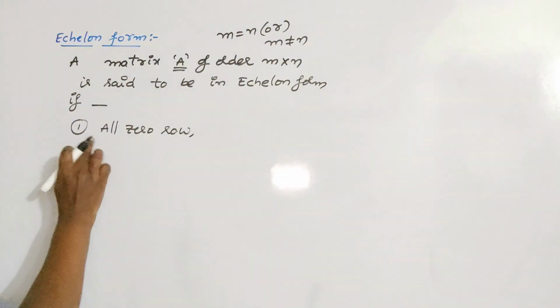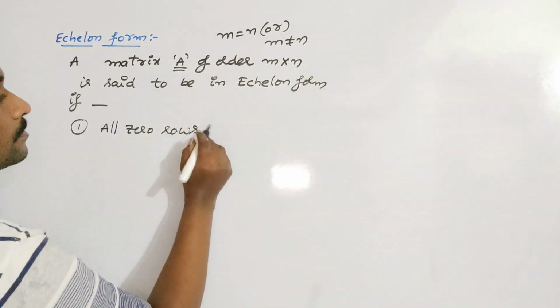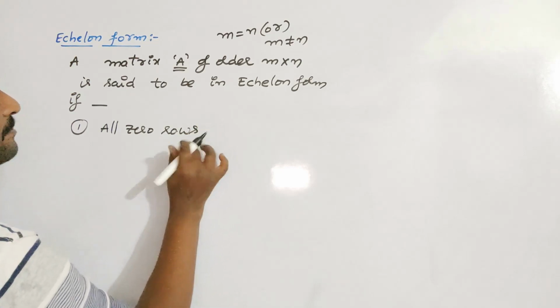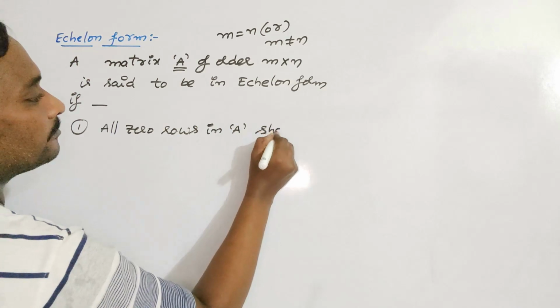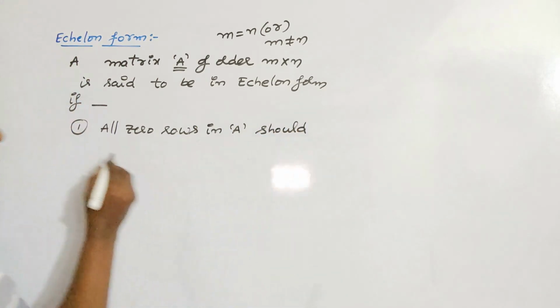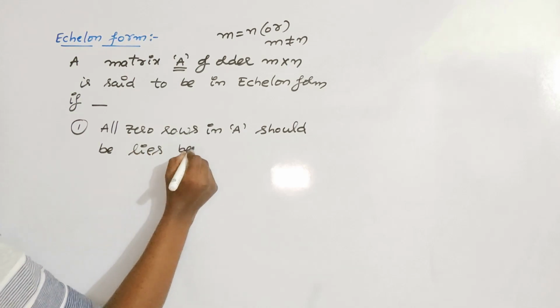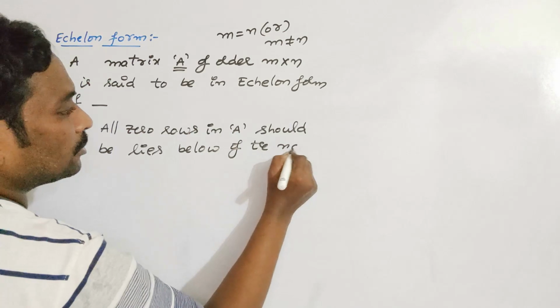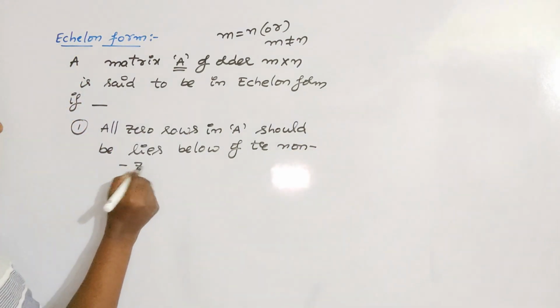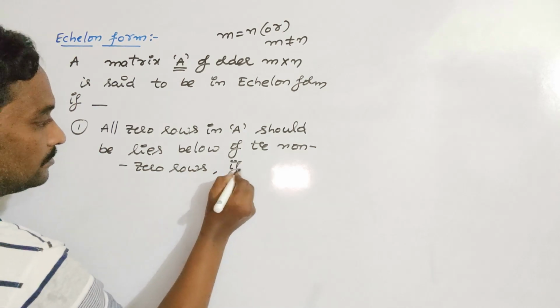All zero rows in capital A should lie below the non-zero rows, if any.